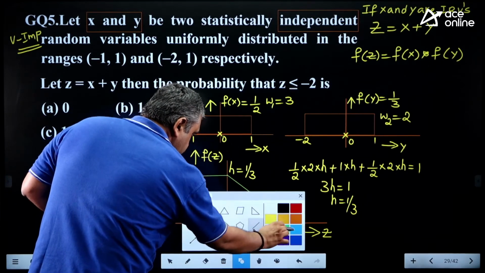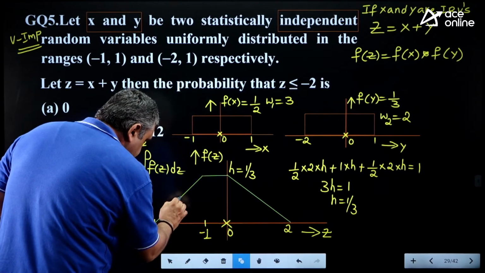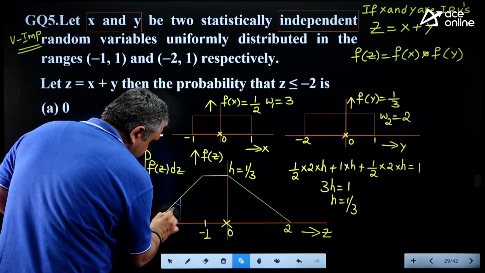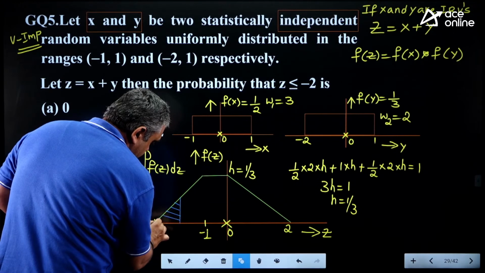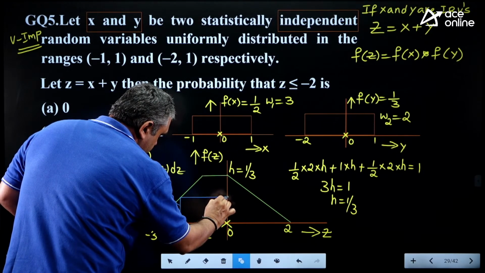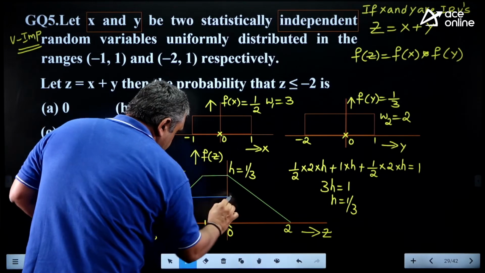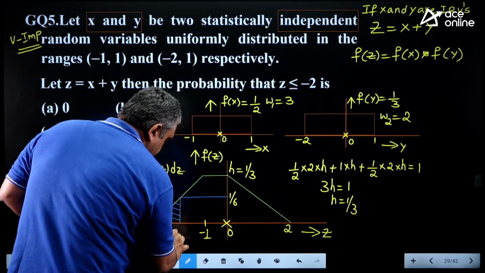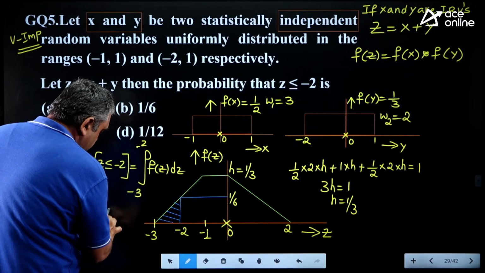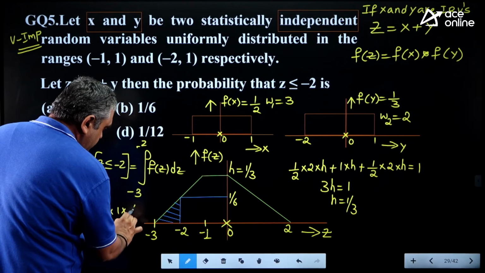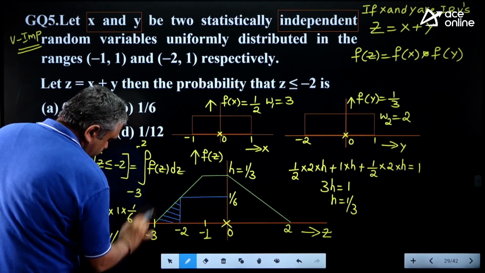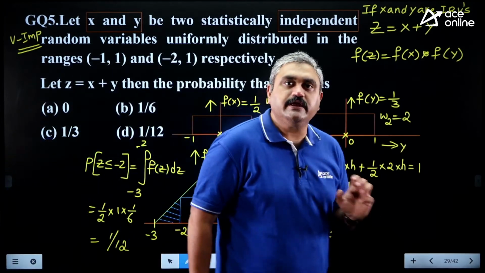Your requirement is to find the area from -3 to -2, means this shaded region. -2 will be exactly this midpoint. So this is looking like one triangle or not? So exact midpoint. So because its total height, this value is 1/3, this should be 1/6. This is your -2. So this is again area of a triangle, half into base is 1, height is 1/6. So this value happens to be 1/12.